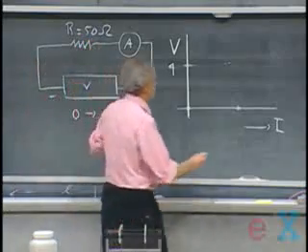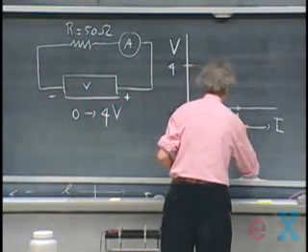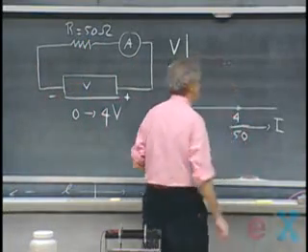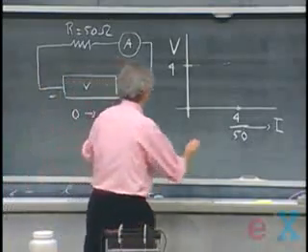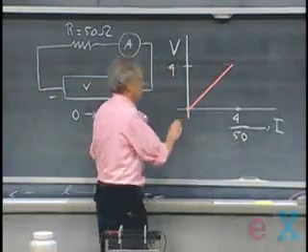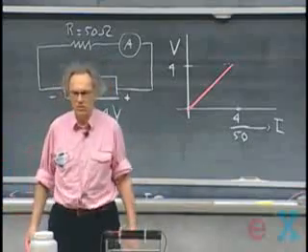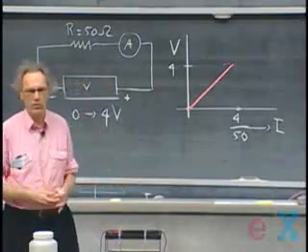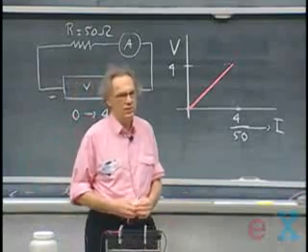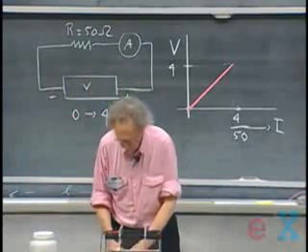According to Ohm's law, 4 divided by 50 amperes, which is 0.08 amperes. And if Ohm's law holds, then you would find a straight line. That's the whole idea about Ohm's law, that the potential difference is linearly proportional to the current. You double the potential difference, your current doubles.